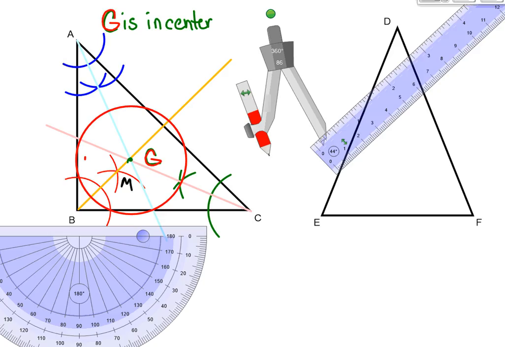But it should be an inscribed circle, and it should hit each one of those just one time. So I can make it work a little bit better for myself. That'll be about where that is. So you should have that. And we're not going to do that other one because we still have to do problem number 4. But that is the in-center.